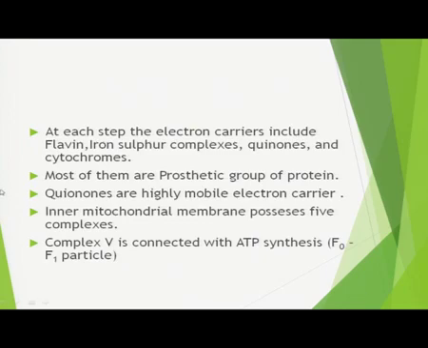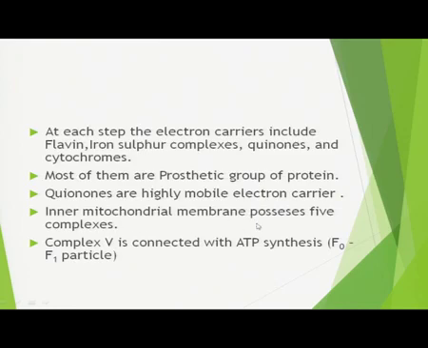The electron carriers include flavin, iron sulfur complex, quinone and cytochrome. Most of the electron carriers are prosthetic groups of proteins, that is quinone and other cytochromes, in which the quinones are highly mobile electron carriers.